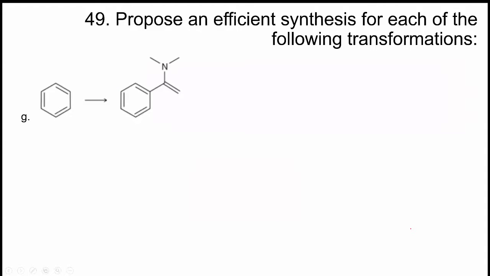All right, synthesis. This one we do not have submitted answers for, but we can look at a synthesis of this one. And one of the things first to notice here is that we're adding a whole bunch of stuff. And on the stuff that is added, I am observing an enamine, which we just saw.